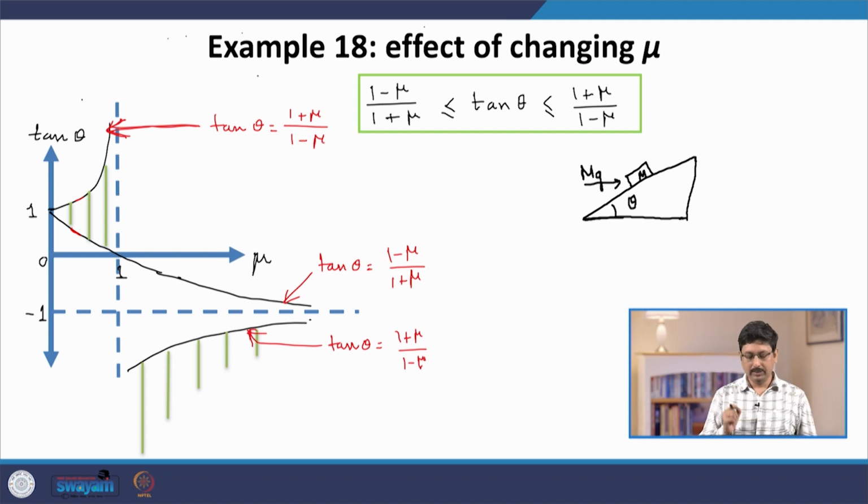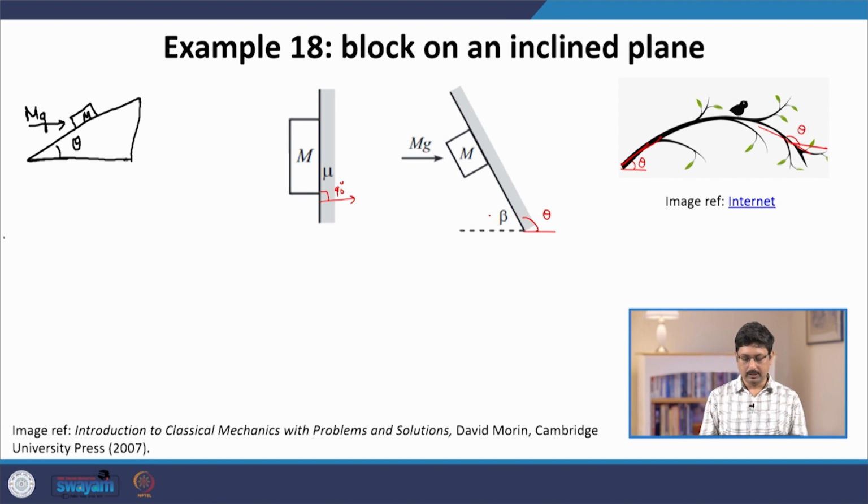An even more interesting case is when mu is bigger than 1, which means the friction is now dominating the normal component. In this case, if you go back to the analysis, it is easier to start from the beginning, take this kind of example, and analyze the problem in terms of beta, which is pi minus theta, rewriting the analysis.